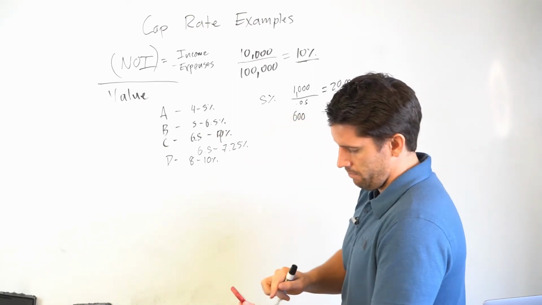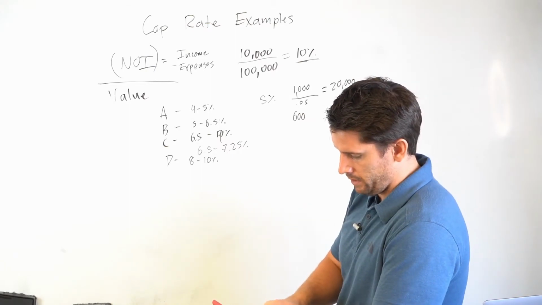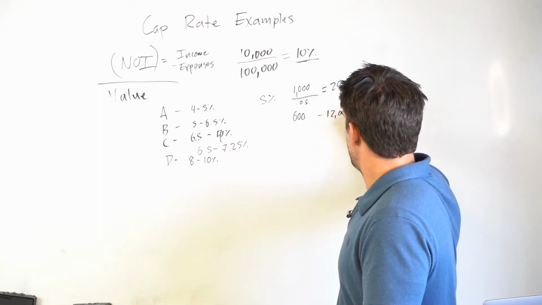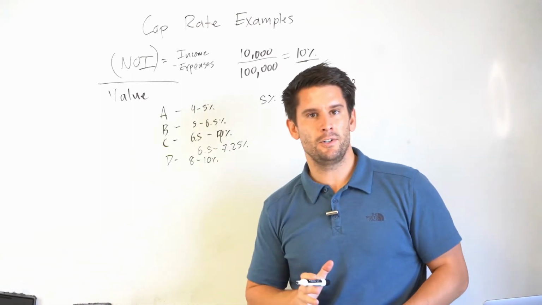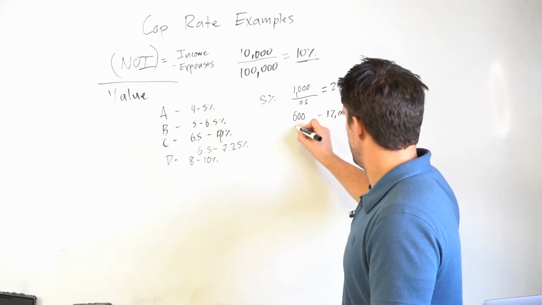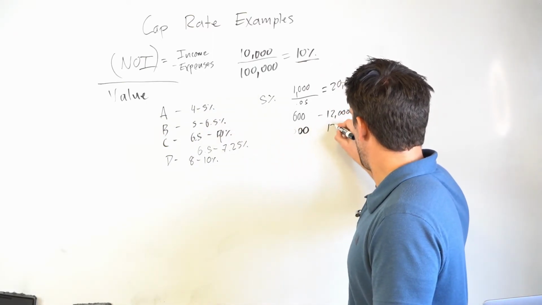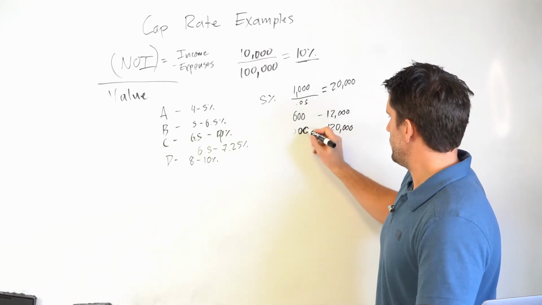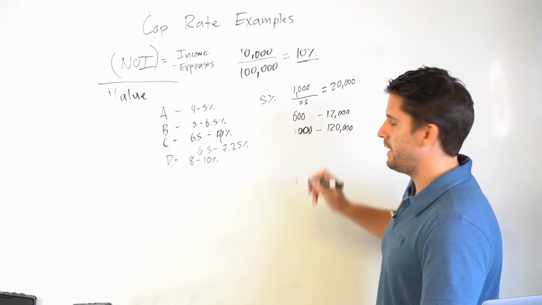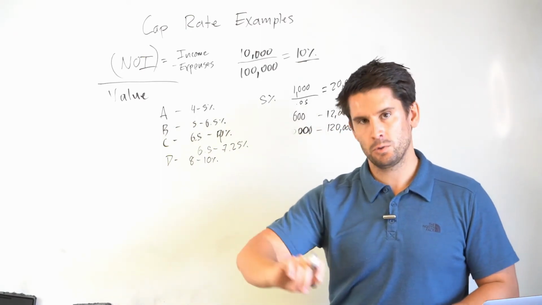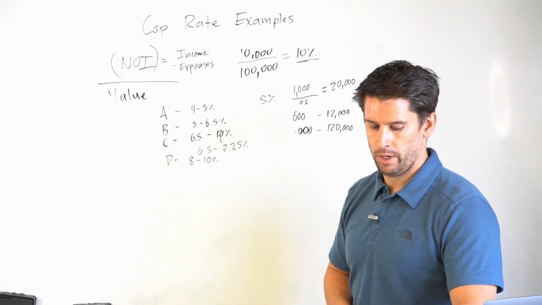At a 5 cap, times that by 20, and you increase the value by $12,000. That sounds okay on a 10 unit, but imagine doing that on a 100 unit complex: $120,000. It gets pretty awesome the bigger it is. One little sway and the value goes up, but one little sway the other way and it can go down quite a bit.